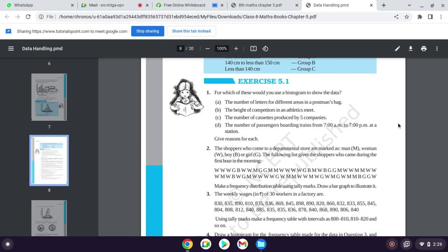Done? B, how will we draw the histogram? No, the histogram will not be drawn. We just have to give the reason. Yeah, I know that for B, because in an athlete there is a specific kind of height and precautions.